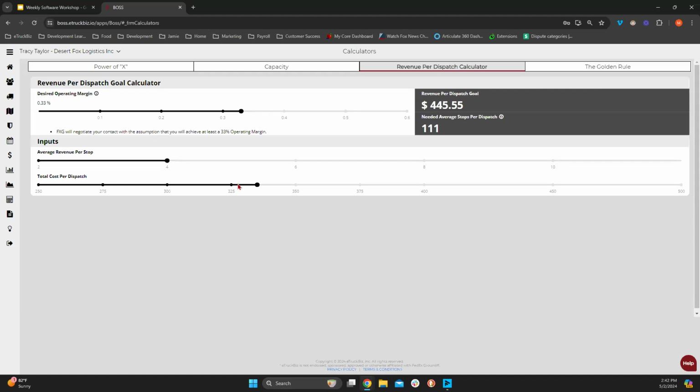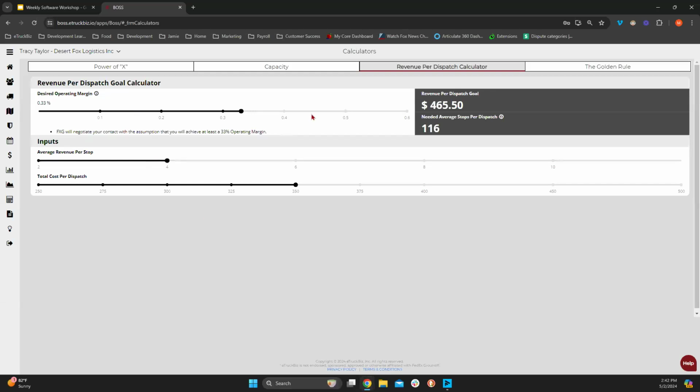If you do, factor it in, okay? Because you want to be making that money before you give them the bonus. You don't want to be giving the money out of your own pocket, okay? So as you start to increase this, say some people's cost per dispatch is about $3.50, it's going to have to keep going up, okay?